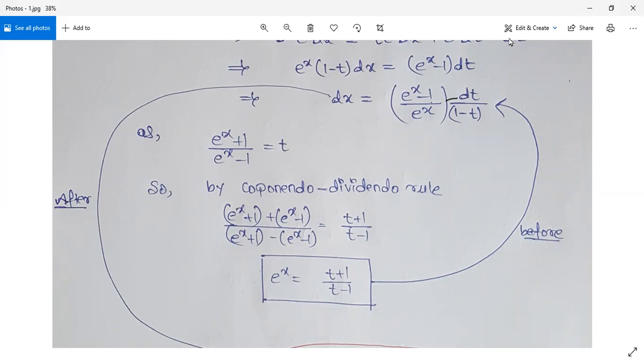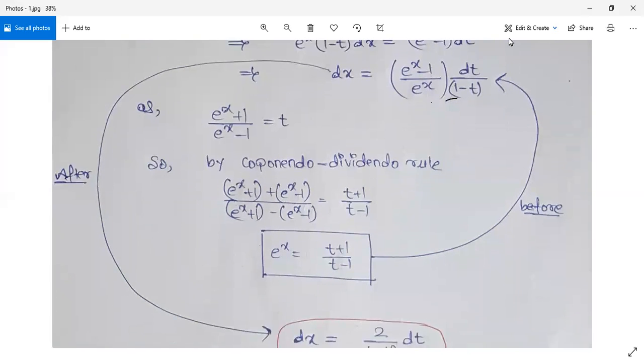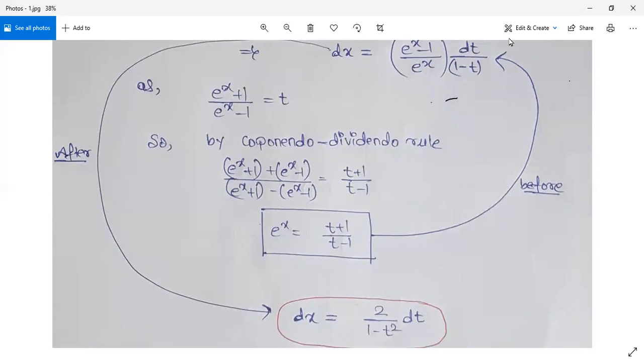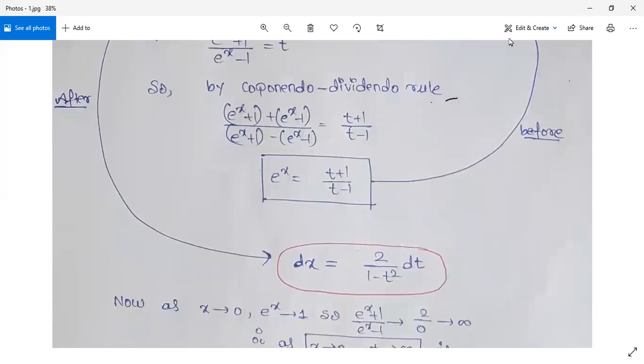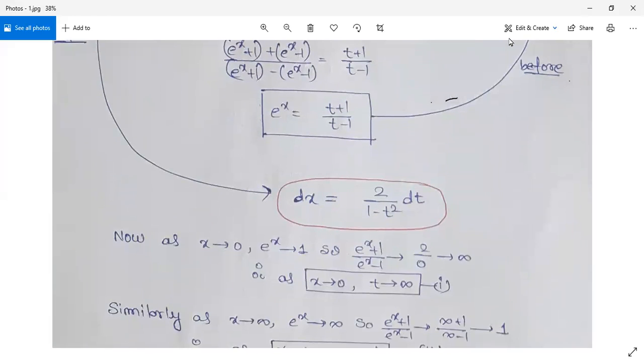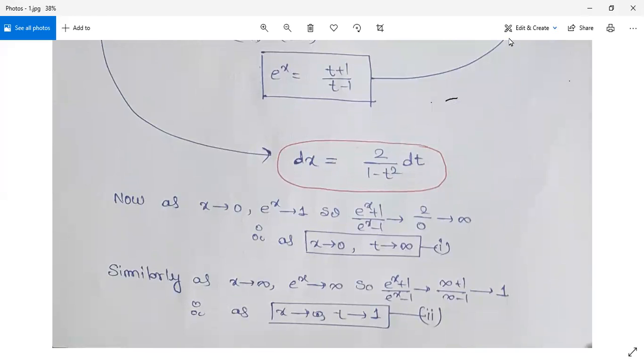In this case, the denominator is 1 on the side of t. So by resolving (e^x plus 1) divided by (e^x minus 1) equals t, and finding the expression of e^x in terms of t, I've arrived at e^x equals (t plus 1) divided by (t minus 1). Putting this expression of e^x in terms of t into the expression of dx, I've arrived at a value of dx in terms of t, which is 2 divided by (1 minus t squared) dt.